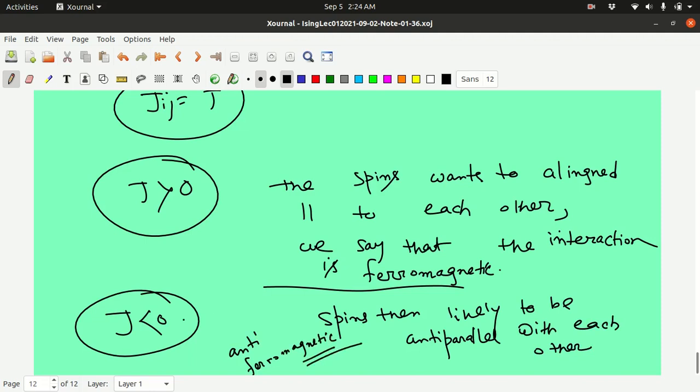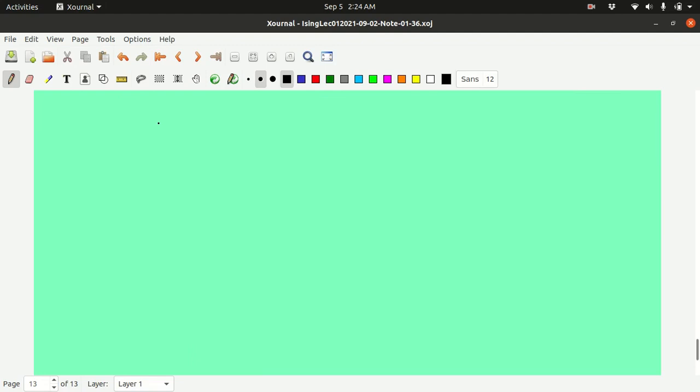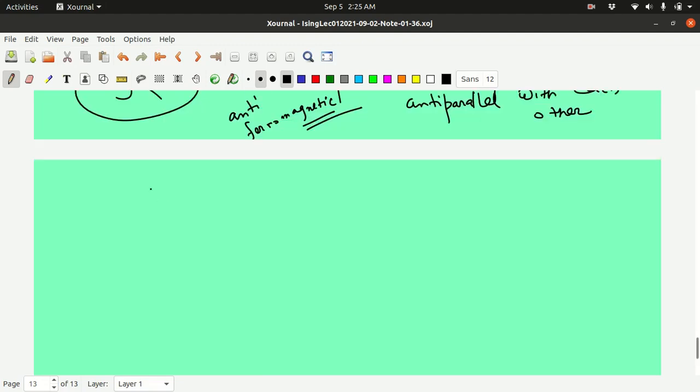There is another case: if J_ij equal to J equal to 0, then the spins are non-interacting.